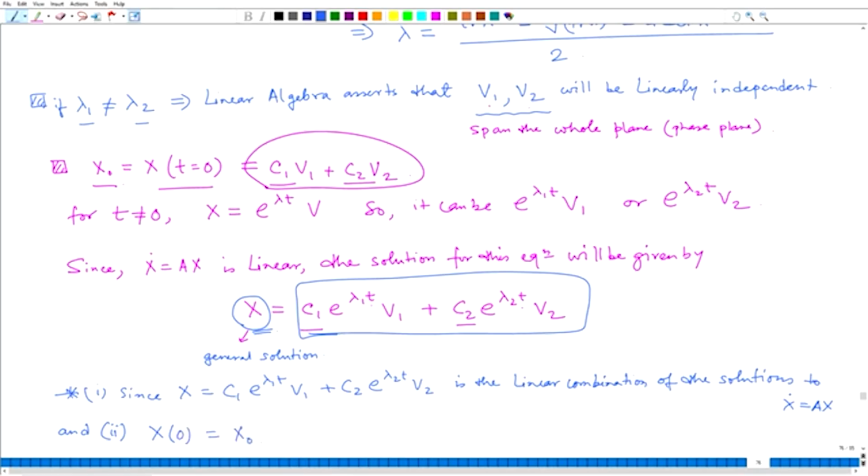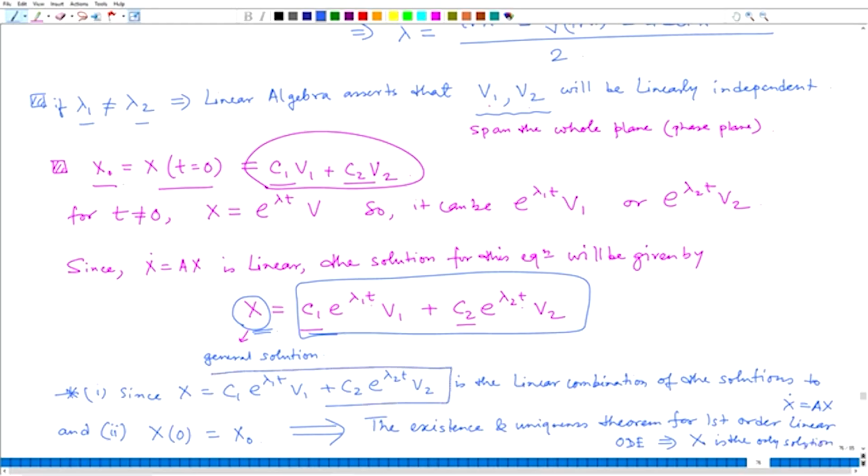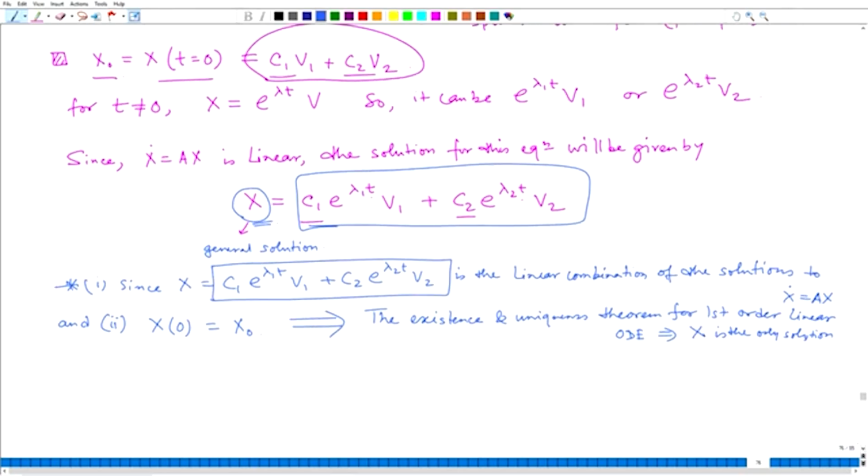Then the existence and uniqueness theorem for first order linear ODEs says that x of this form is the only solution.